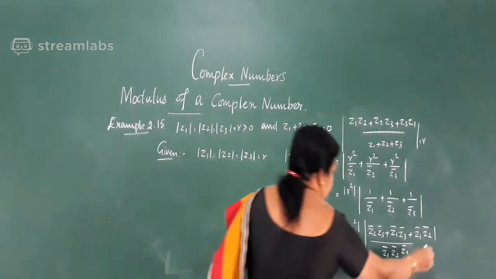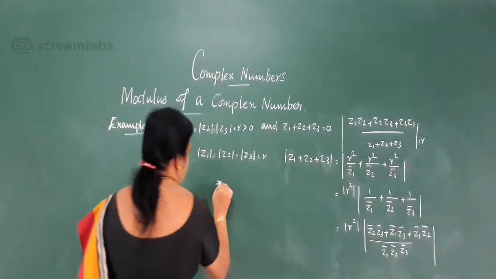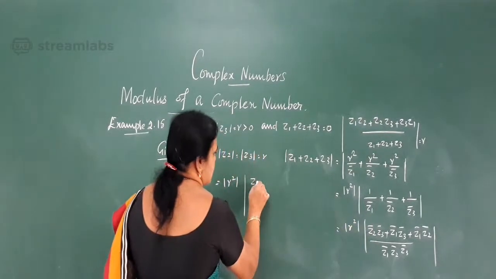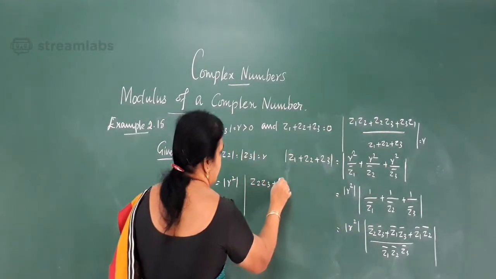Here, the modulus of R squared, we can write common by using that property.